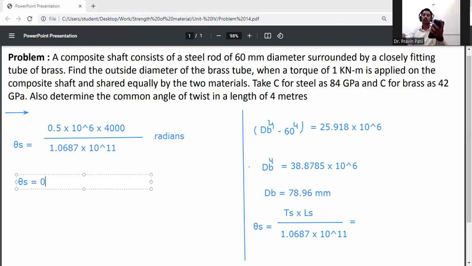This value will be in radians, 0.01871 radians.